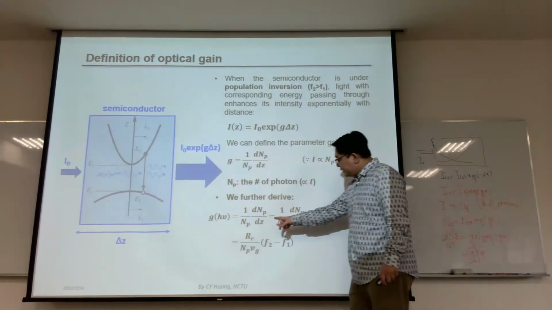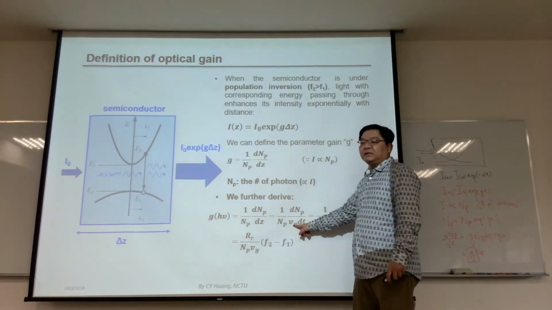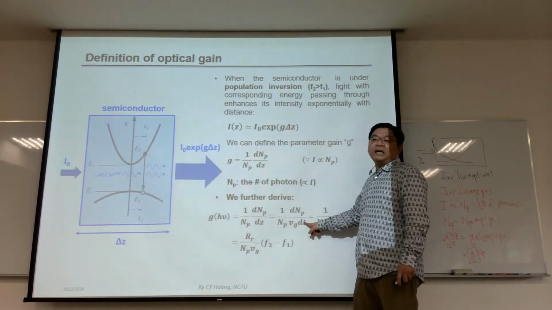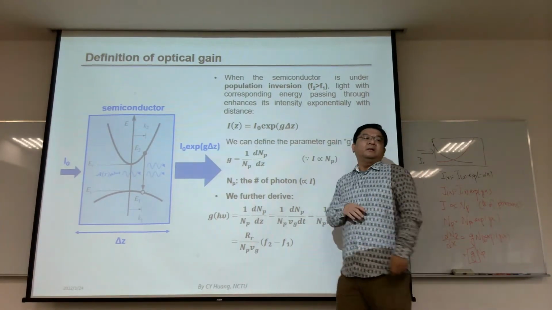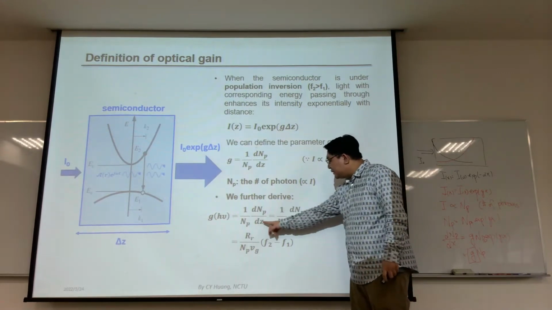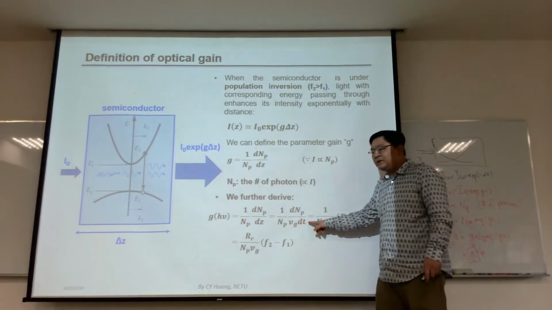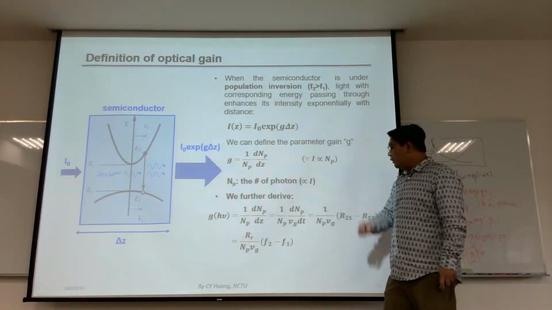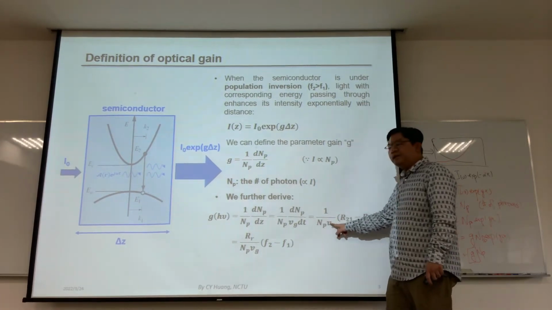So we can change dd to be the group velocity Vg times dt, because if the light passes through the material, it doesn't interact with it anymore. So it is 1 over N_P times dN_P over Vg dt.